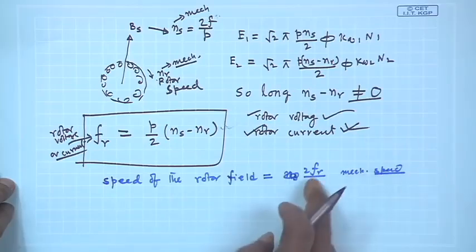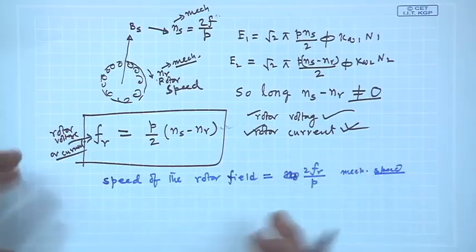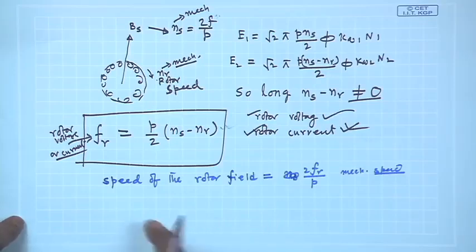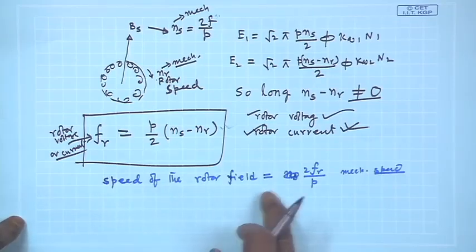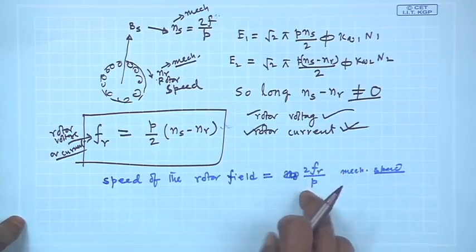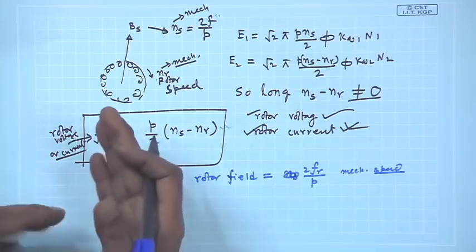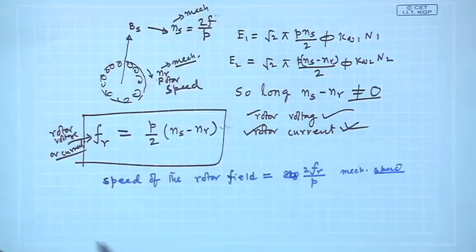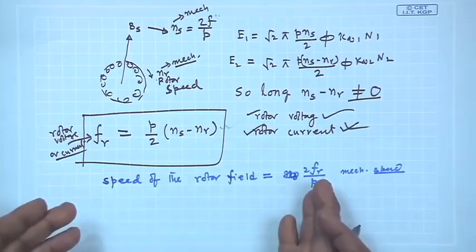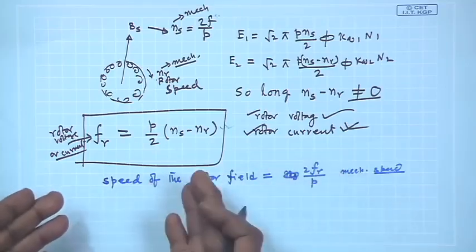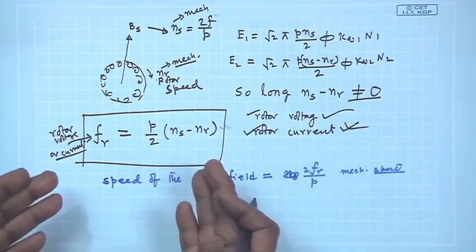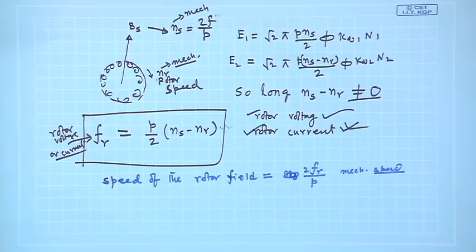If the rotor current frequency is Fr, the speed of the rotor field is 2 Fr by P, because the frequency of the balanced 3-phase current is Fr. For the stator, the frequency of the current is f, so stator field speed was 2f by p. So, now it must be 2 Fr by p, it is no longer f, because the machine has picked up some speed.